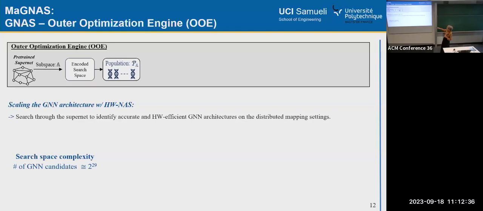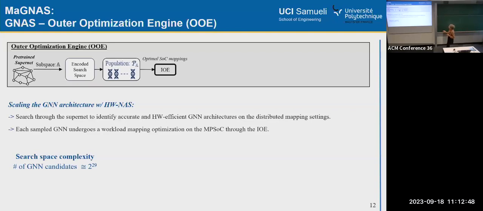So we're gonna start with some search space defined by the supernet that we have, and we're gonna iterate over it in order to sample different GNN architectures. Then, because we sample multiple GNN architectures, each one of them will undergo a mapping optimization through the inner optimization engine that we're gonna discuss later.